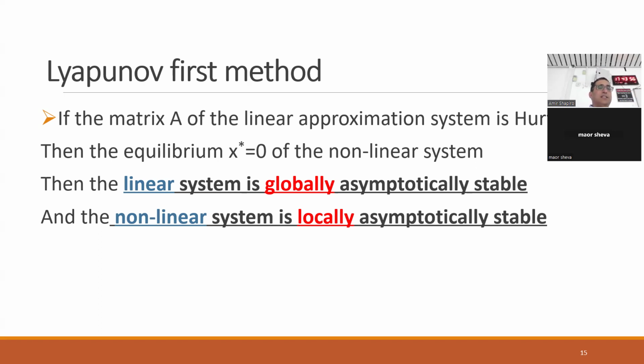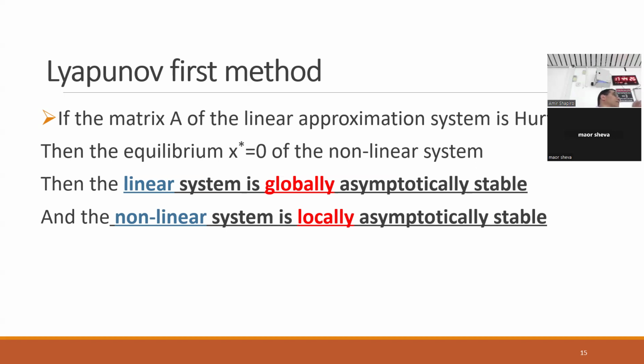Then we can say two things. First, that the linear system is globally asymptotically stable, because the A matrix has eigenvalues on the open left half plane. But since it's the approximation of the nonlinear system, we can say that the nonlinear system is only locally asymptotically stable.